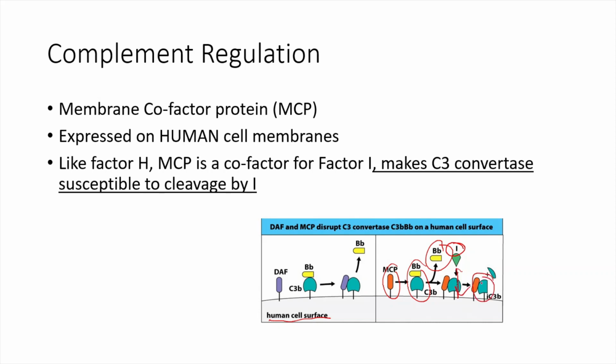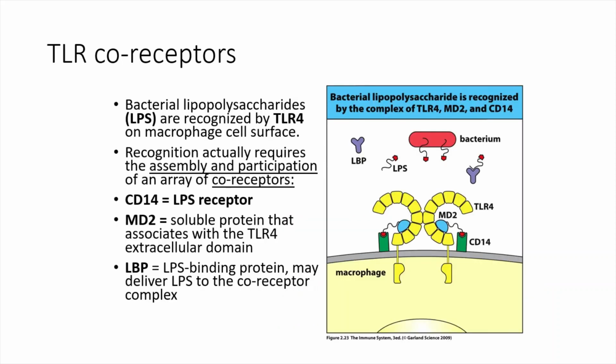Basically you chop the C3b into inactivated pieces, and then you stop the activation there.